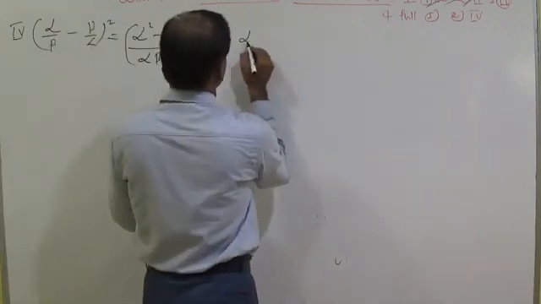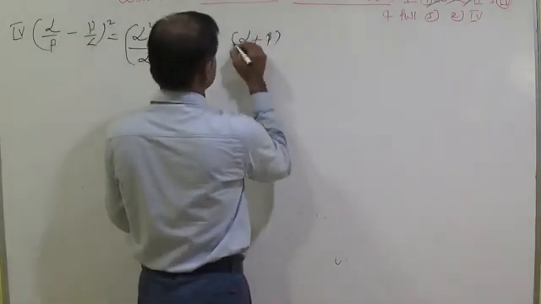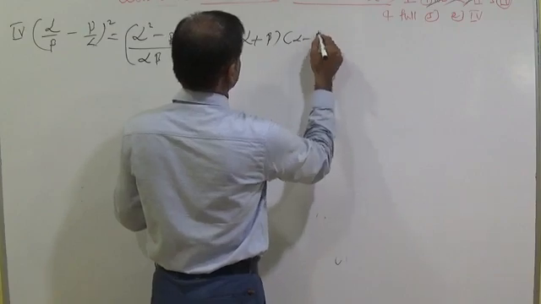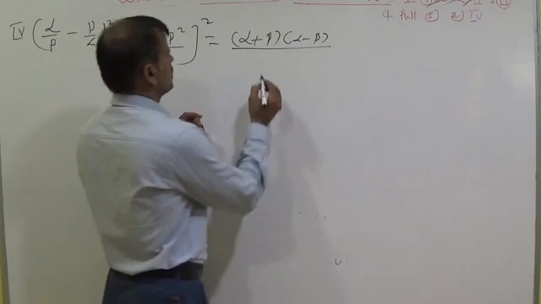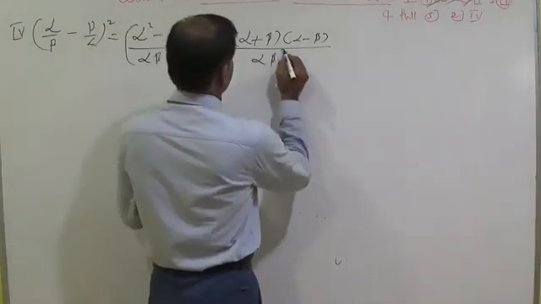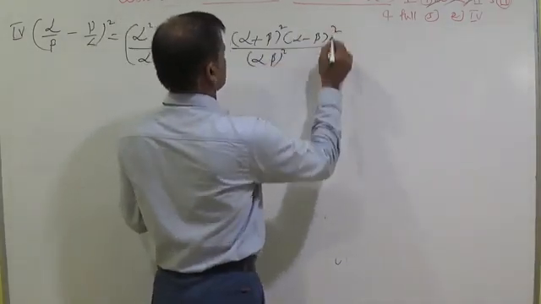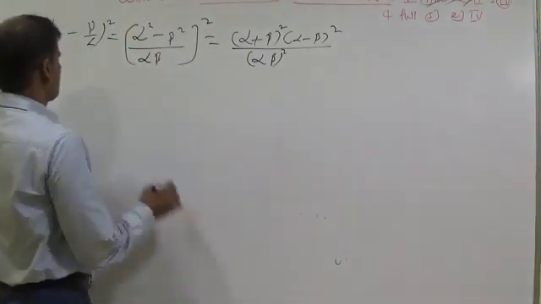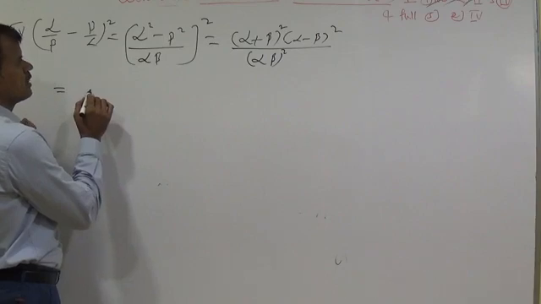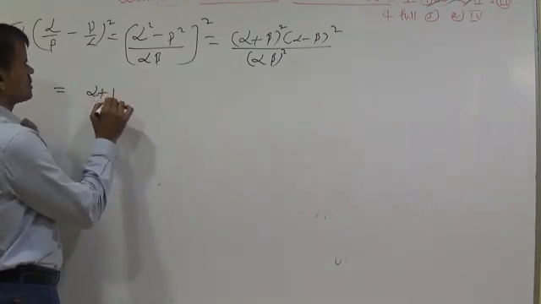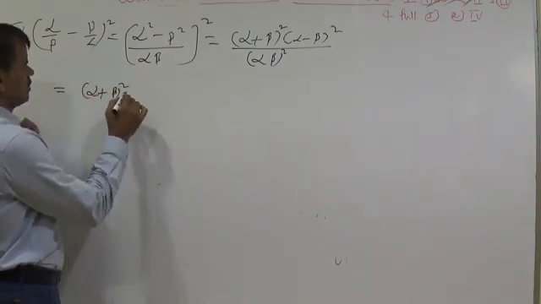Alpha square minus beta square. Students, this is a variety question. Alpha plus beta into alpha minus beta you can write in the numerator, and alpha beta whole square in the denominator. Alpha plus beta whole square can be written as minus b by a whole square directly.